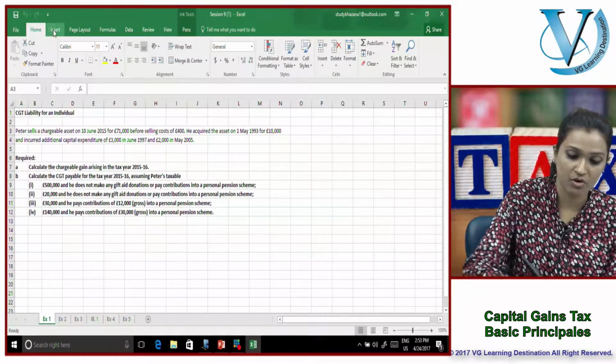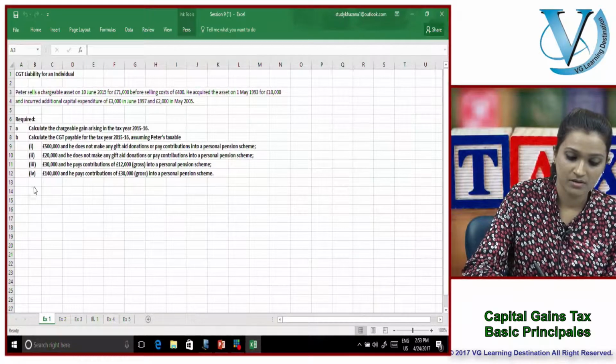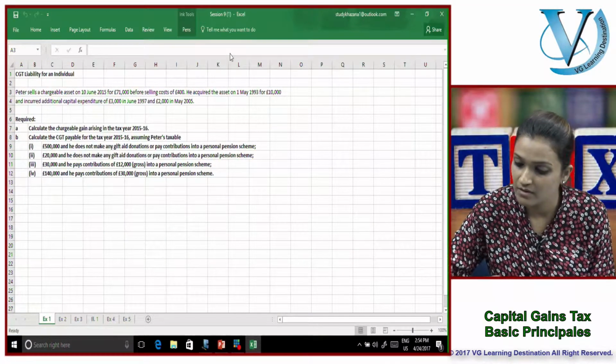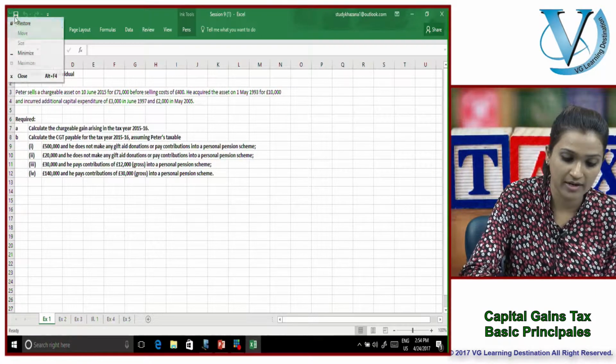Something seems to be wrong. Why am I not able to write anything? Is it not an editable file?